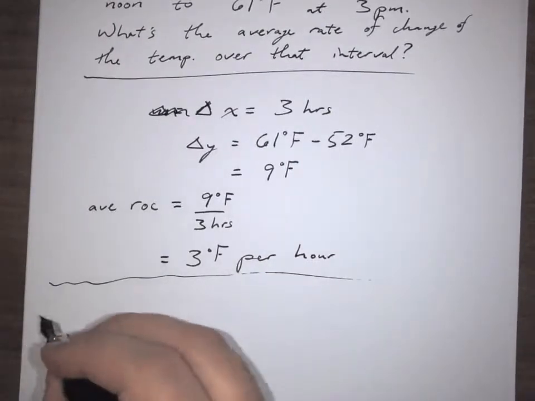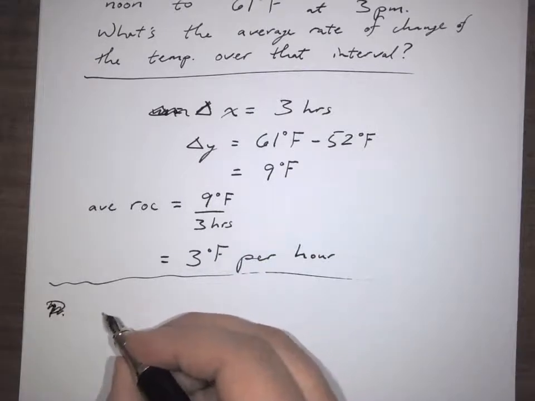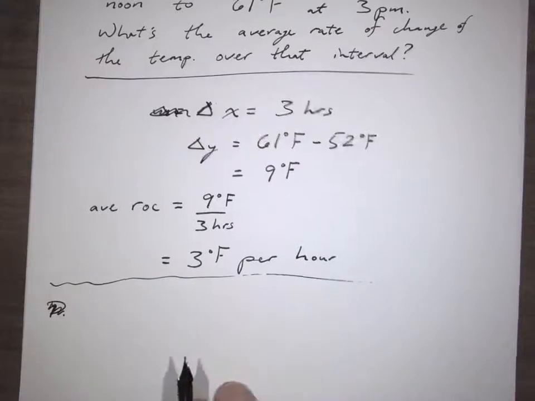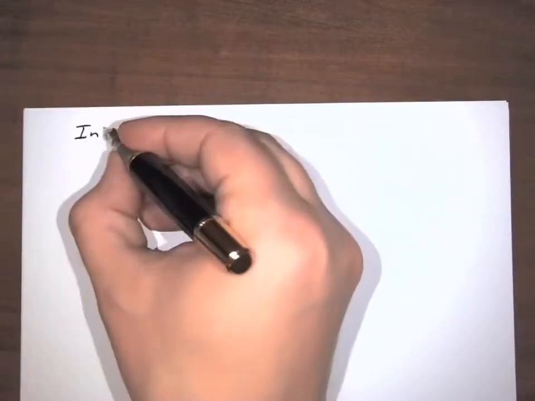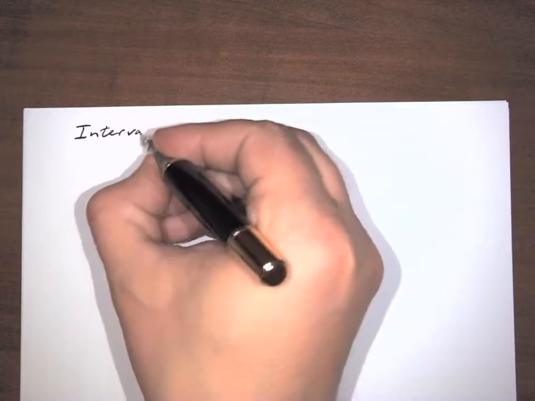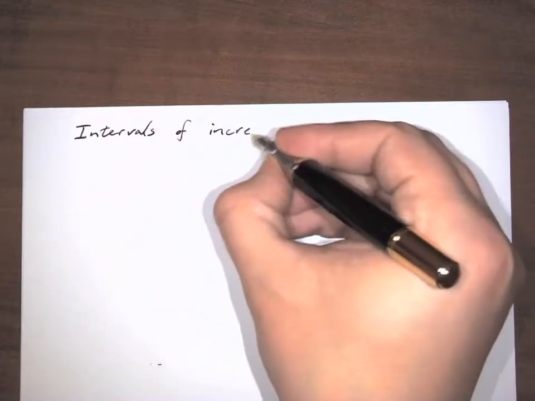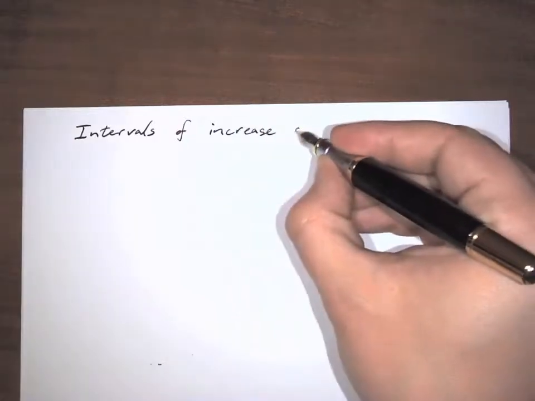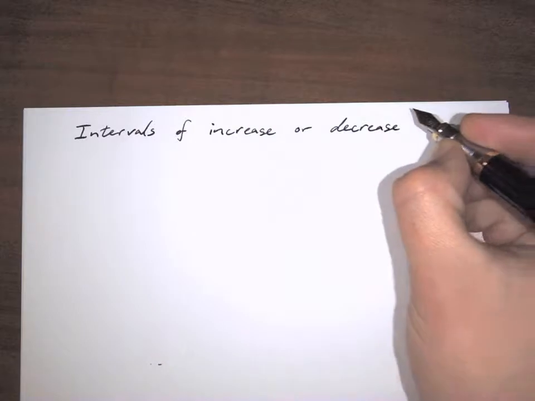Now, some other things about the behavior of functions other than rates of change would be intervals of increase and decrease. So let's actually switch to a new piece of paper here. So intervals of increase or decrease.